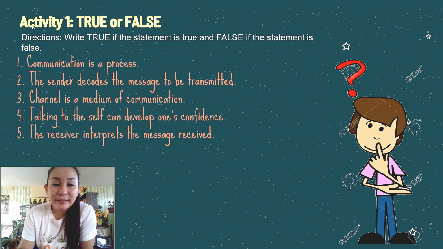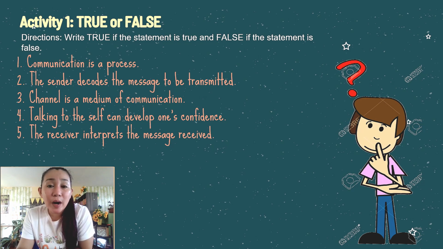Number 1. Communication is a process. Is it true or false? Take your time. Second, the sender decodes the message to be transmitted. Is it true or false?